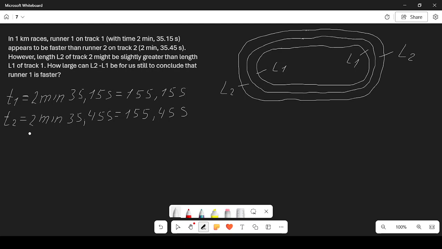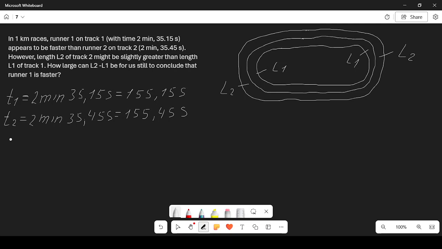Because the difference in time is very, very small, when we count the difference between the lengths of the tracks, we should take all data very precisely, with a high level of precision.